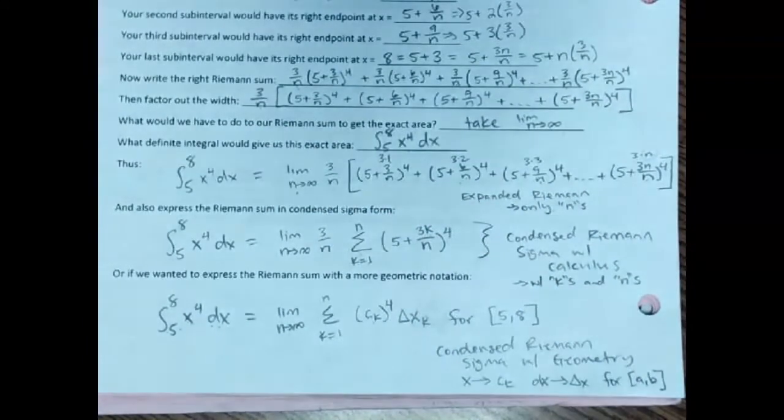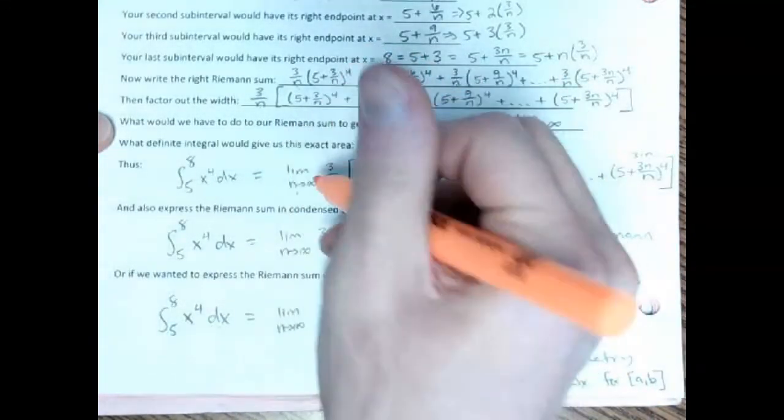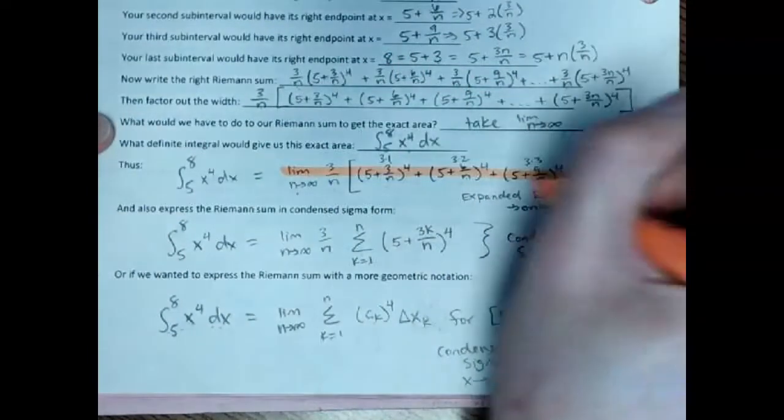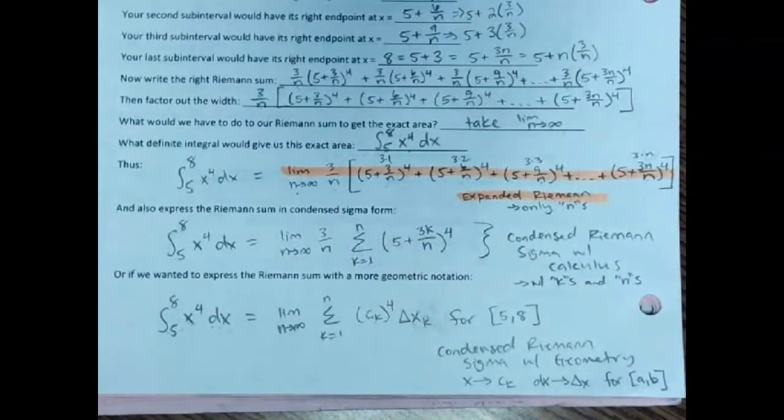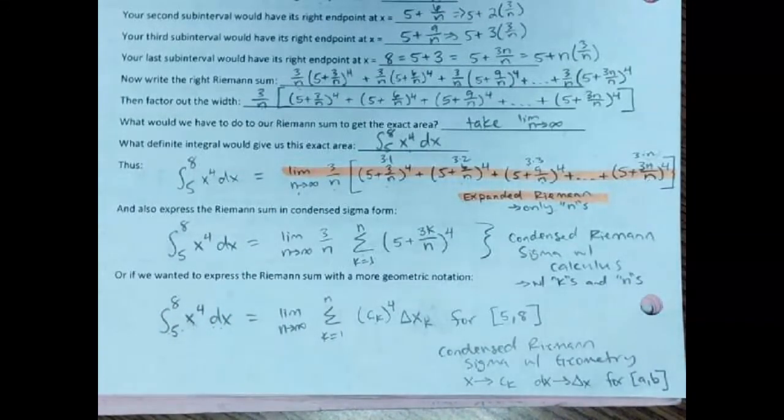So we have the 3 different types of Riemann sums. I know, they're not fun. It's tedious. But we have the expanded Riemann sum, which is like this, where it has only the n values. Remember, all the Riemann sums need infinitely many rectangles. So all of them have that infinite limit as n goes to infinity.